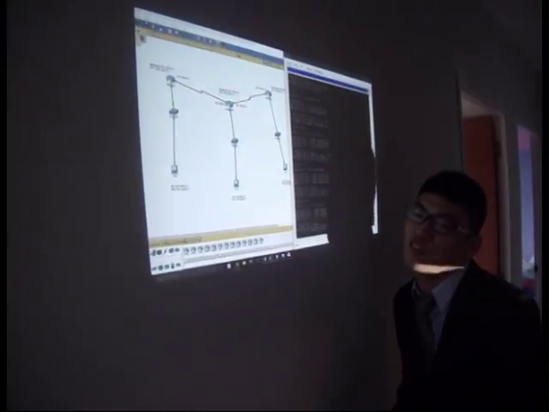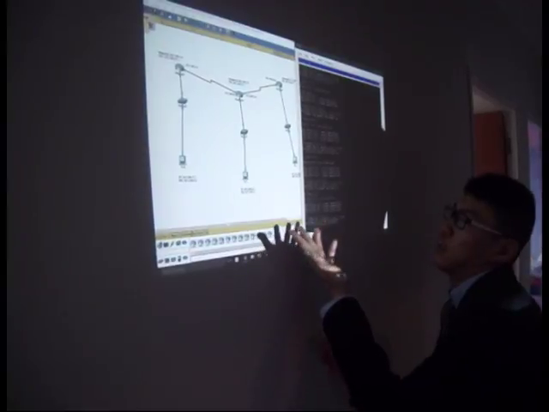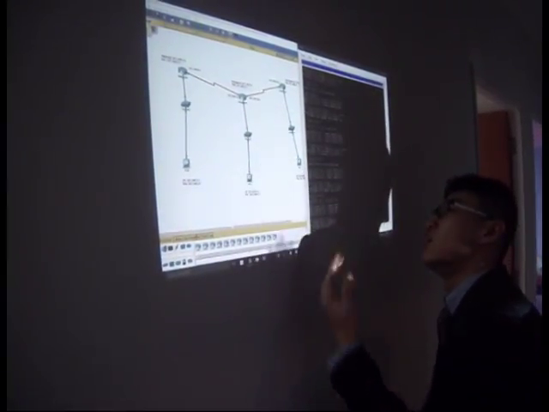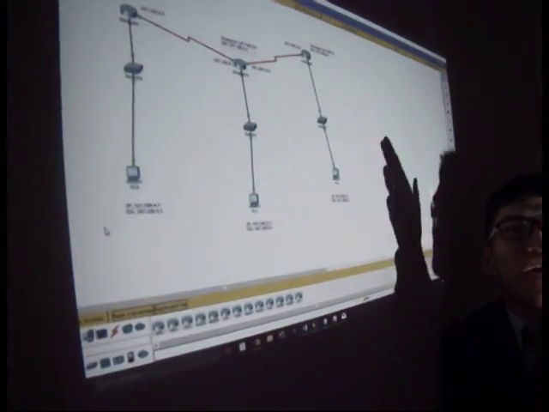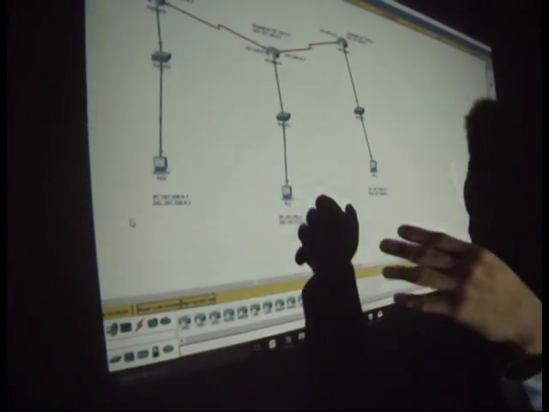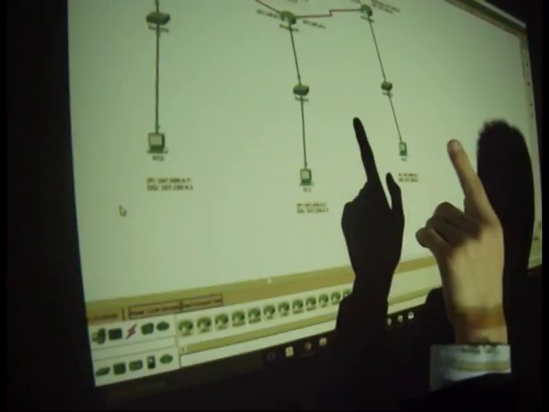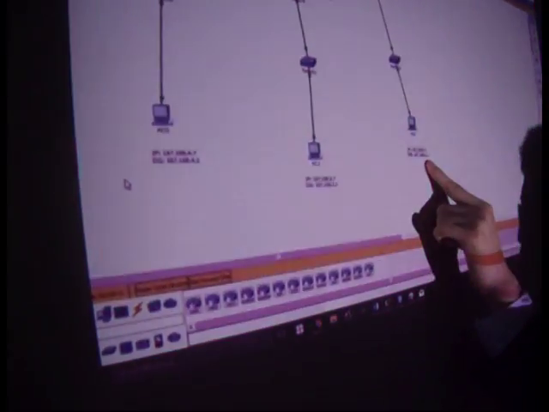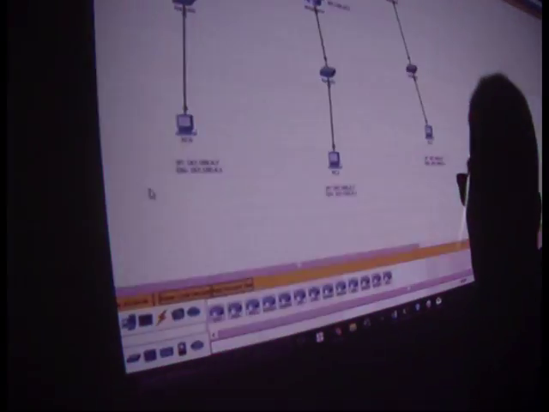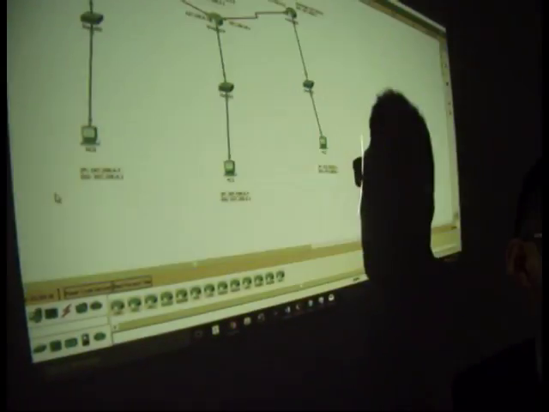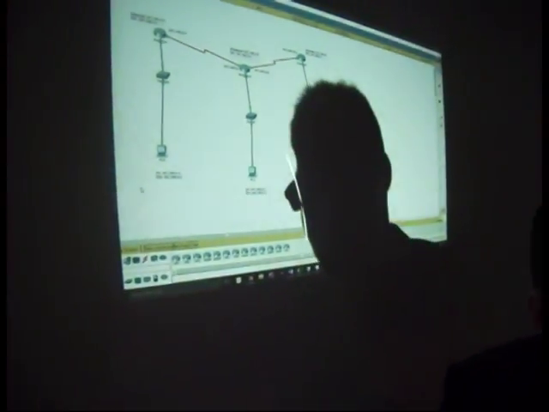We also have to test whether the Singapore host can communicate with the Indonesian host. Right now, as you can see, the Indonesian host IP address is 167.168.6.7. So we're going to ping that address using the Singapore host PC and test whether they can communicate.